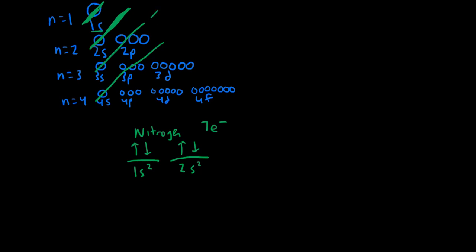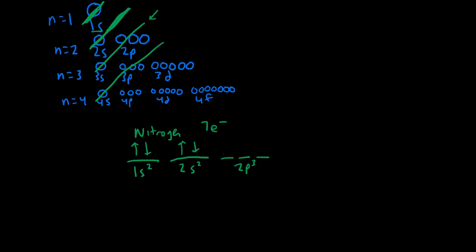So we're going to look at this diagonal next. And we have a 2p. 2p has 3 orbitals, and each of these lines represents an orbital. So we're going to have 3 lines just like this. We're going to put a 2p, but we only need 3 electrons. So we just put a 3 right here.